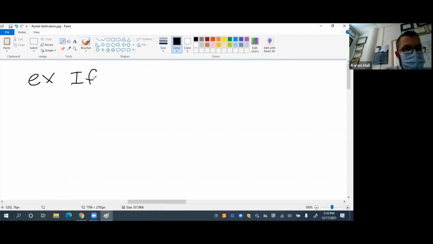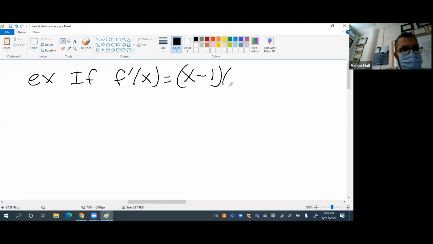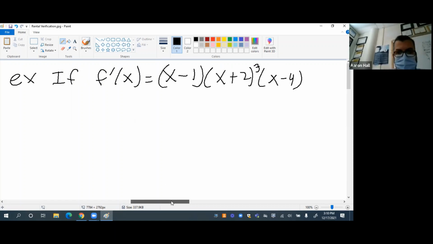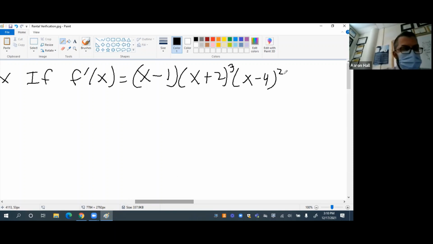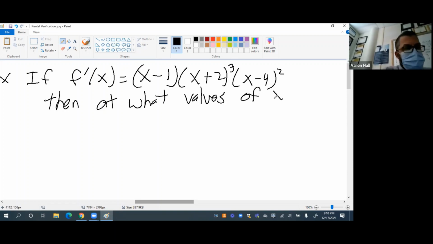If f prime of x equals the quantity x minus 1 times the quantity x plus 2 all cubed times the quantity x minus 4 to the power of 2, then at what values of x does f have local extrema?